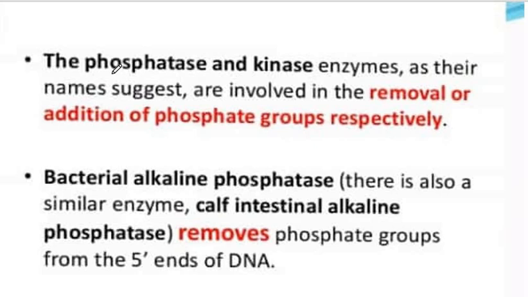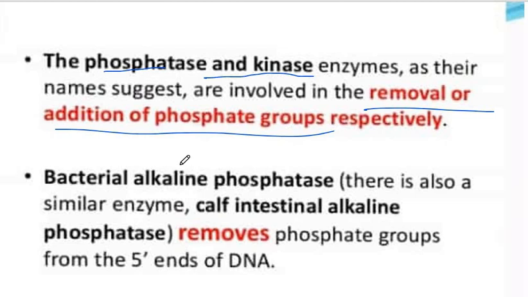The phosphatase and kinase enzymes, as their names suggest, are involved in the removal or addition of phosphate groups respectively. Bacterial alkaline phosphatase, and a similar enzyme called intestinal alkaline phosphatase, remove phosphate groups from the 5' end of DNA.